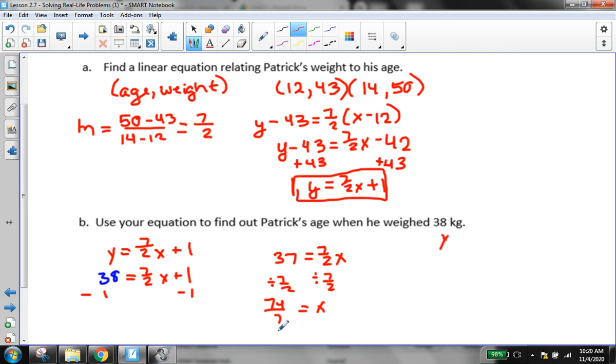If I make it into a decimal, it's about 10.6 if I round it to the nearest tenth. So if we're talking in terms of age, to round it to maybe even the nearest half age, we would say Patrick is about 10 and a half.